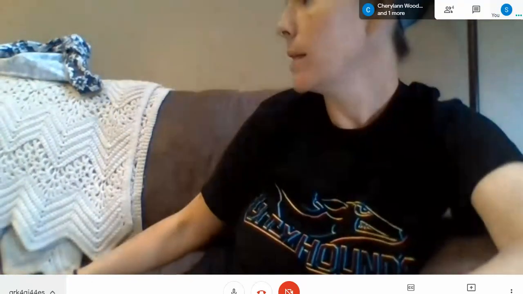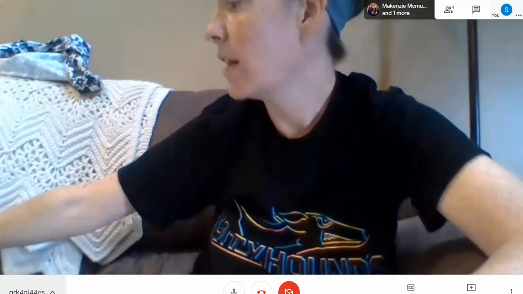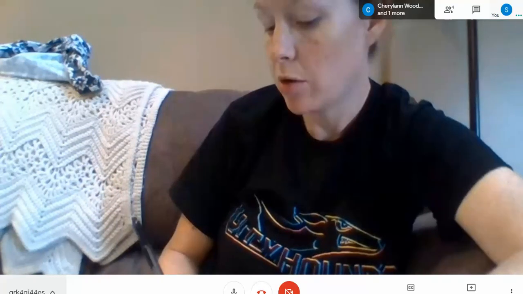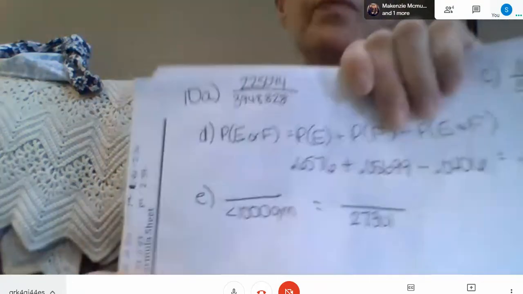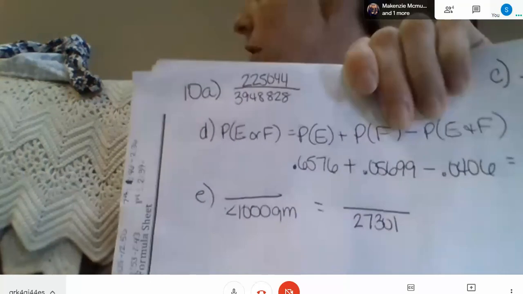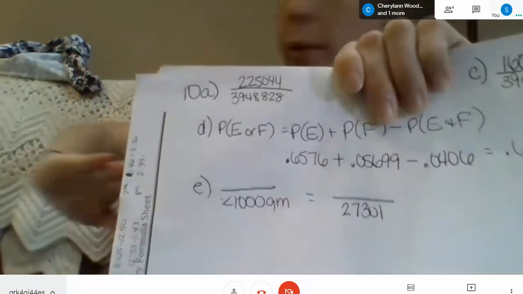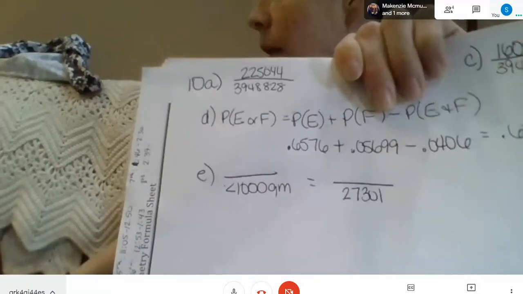So if I look back to my table, that's the very first row. Take a piece of paper and just cover up everything else. We know we weigh less than 1,000, so I am only looking at that row. So the total for that row is 27,301. Then we still have the rest of the table covered up. We're only looking at that row. Out of those, how many were term?